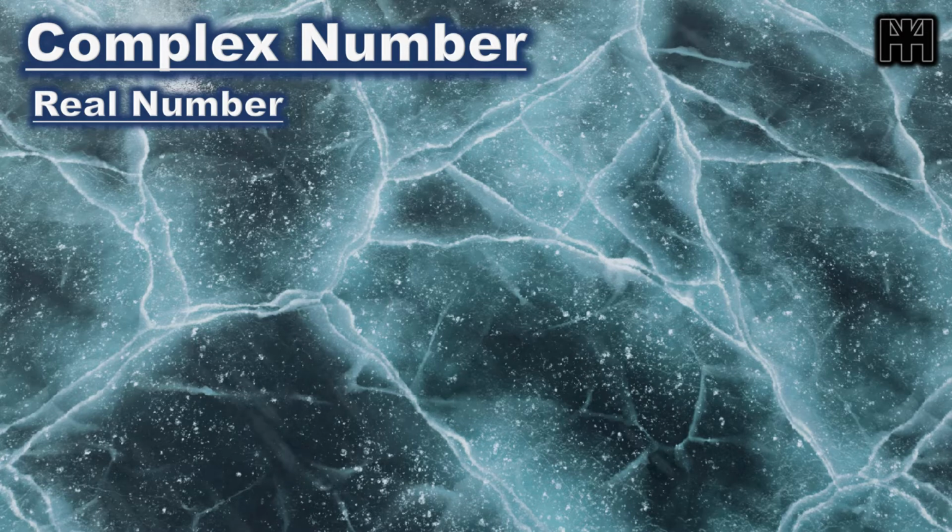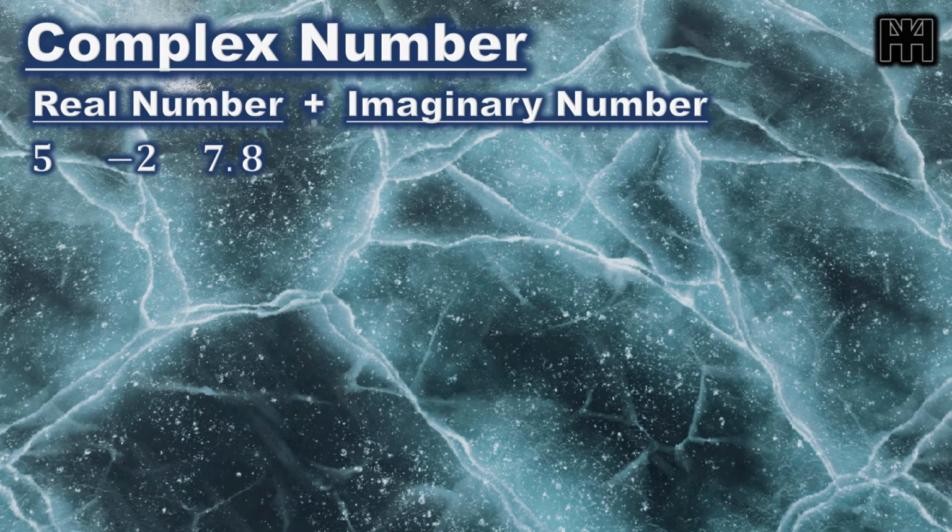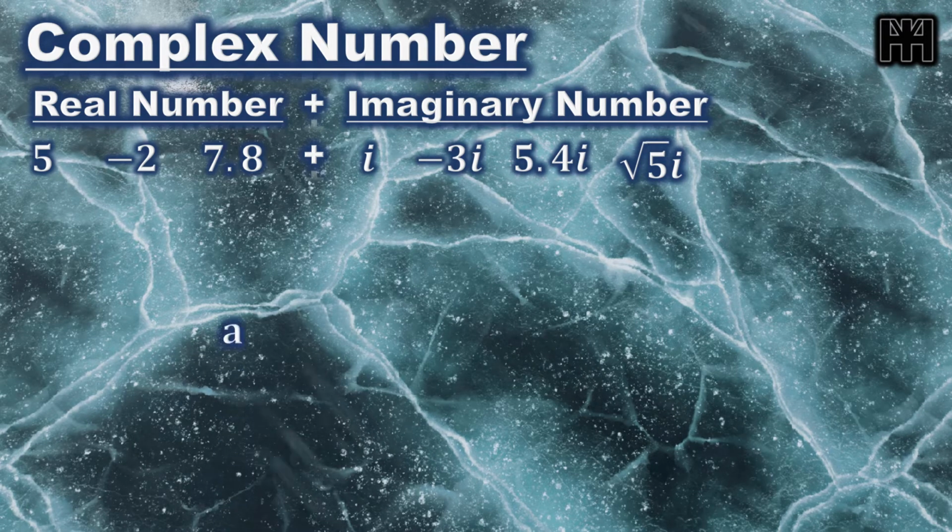Okay, let's see real numbers in more detail. We have 5, -2, even square root 2, pi, any constant number, plus the imaginary numbers, such as i, -3i, 5.4i, root 2 i, root 5 i, pi i. Any constant number multiplied by i is an imaginary number.